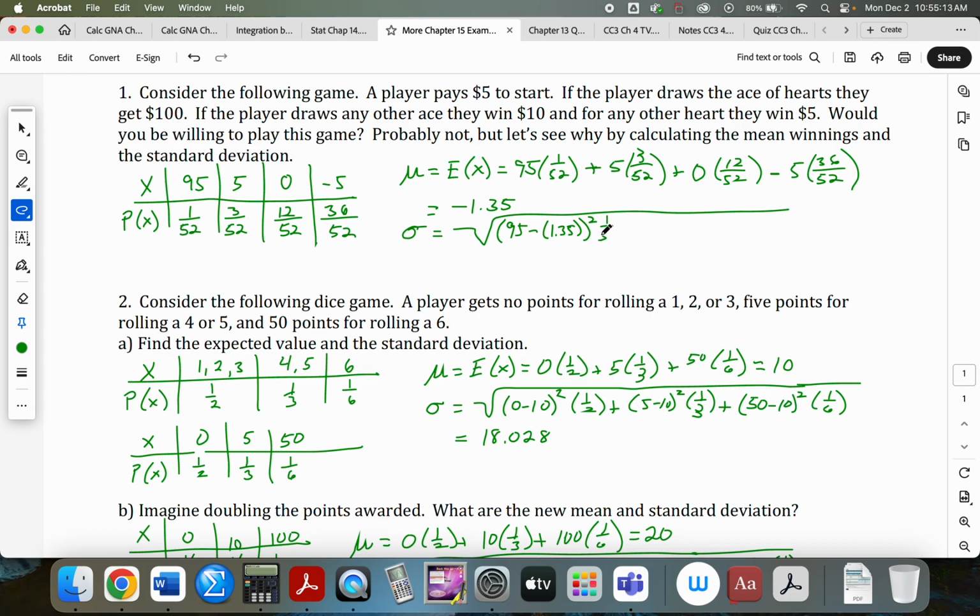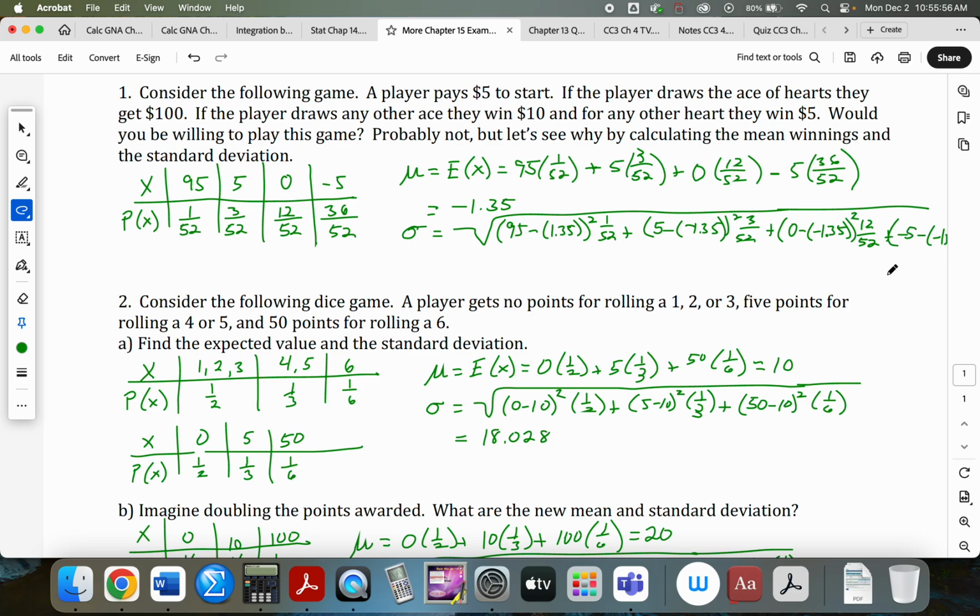Times 1 out of 52, plus 5 minus negative 1.35 squared times 3 out of 52, plus 0 minus negative 1.35 squared times 12 out of 52, plus negative 5 minus negative 1.35.